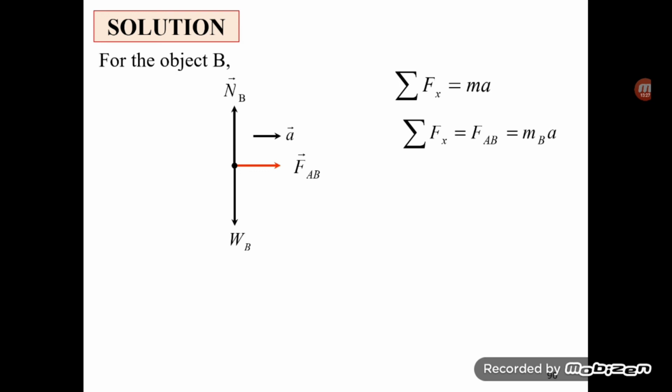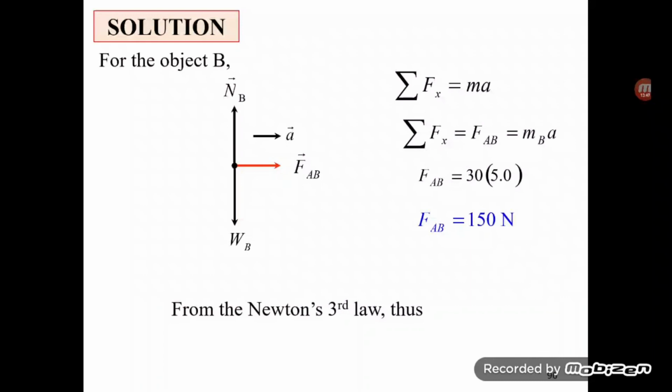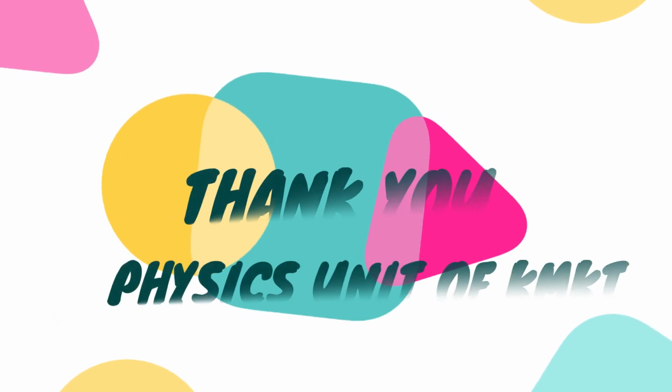So Fx, which is FBA, equals mB times a. Substitute the values and we get FBA equals 115 Newton. So from Newton's third law, FAB equals FBA equals 115 Newton. Okay, that's all for chapter 4.